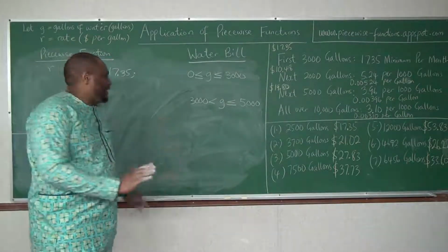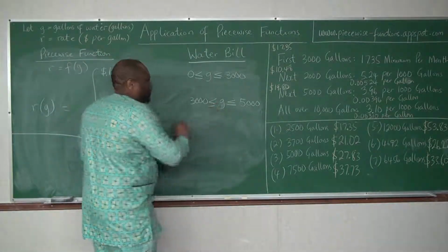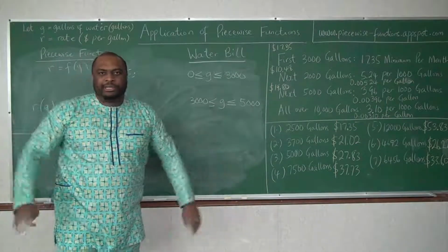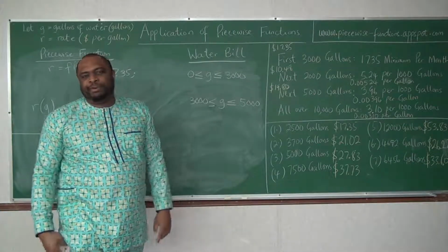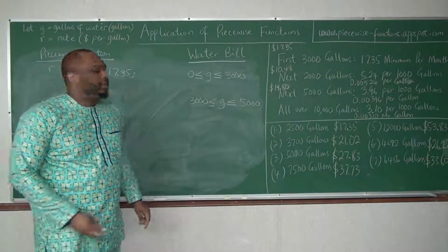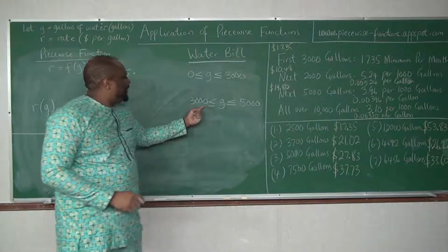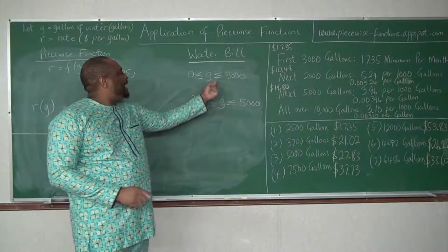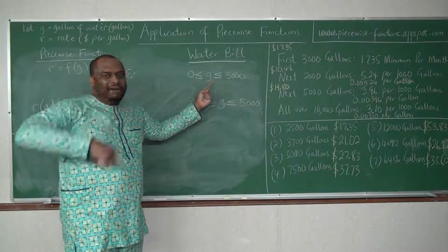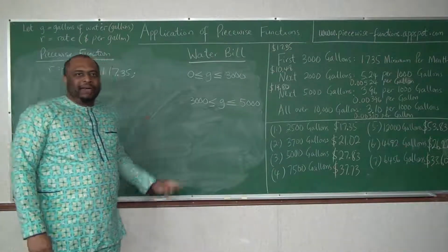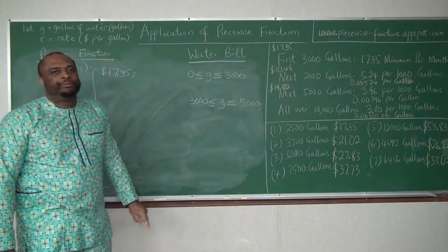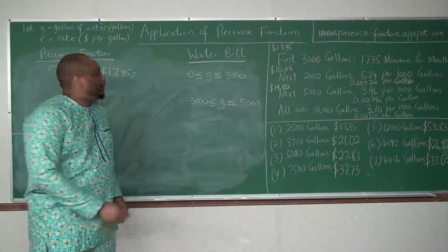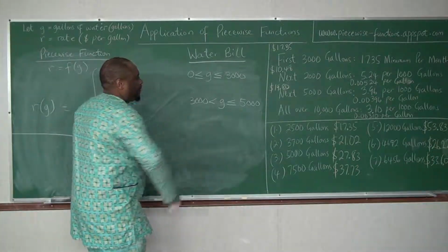If you miss it and put this in a computer program, it will crash the program and won't work, because then 3,000 is included here and 3,000 is included there. You can't have two functions for the same point. No, you cannot. So watch it very well. Okay?